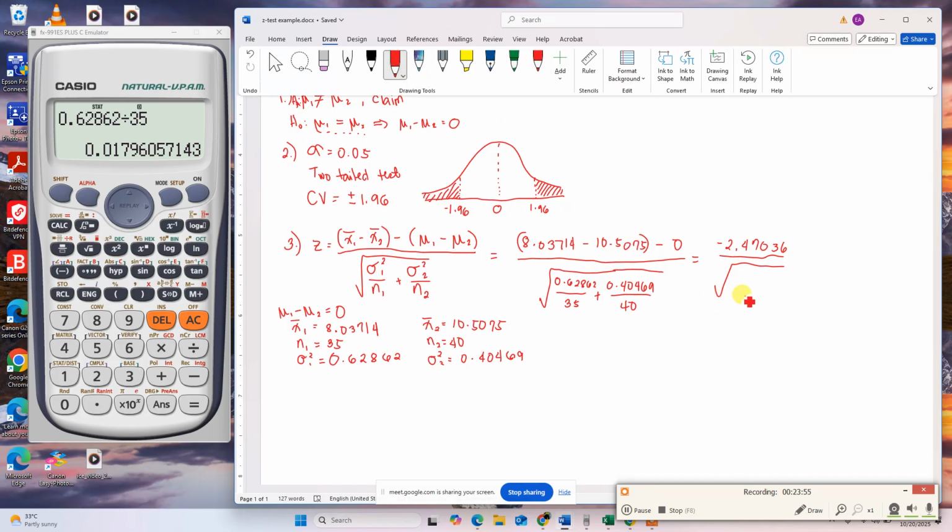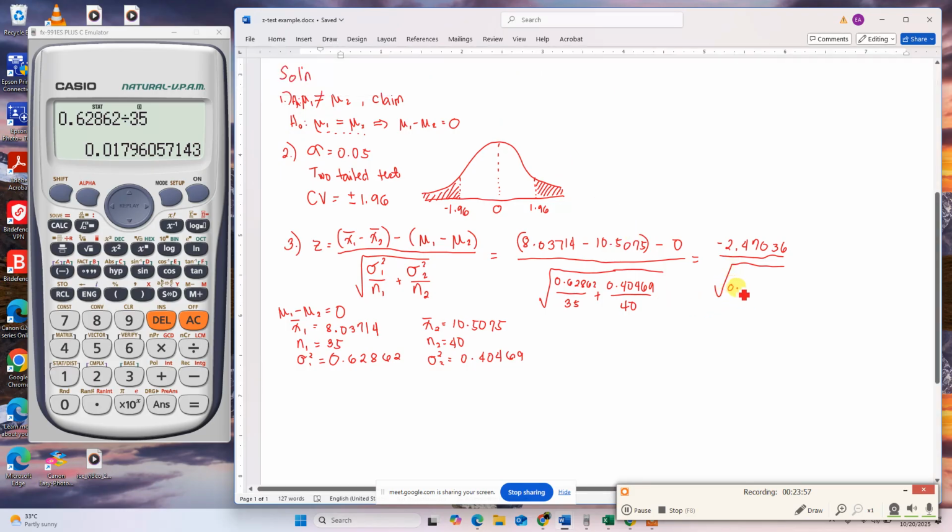So you have 0.01796 plus, next is 0.40469 divided by 40. The answer is 0.0101242.